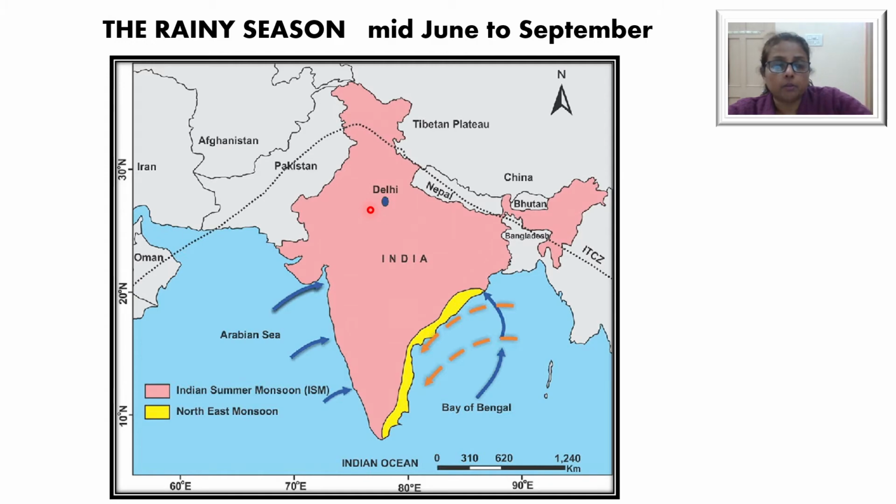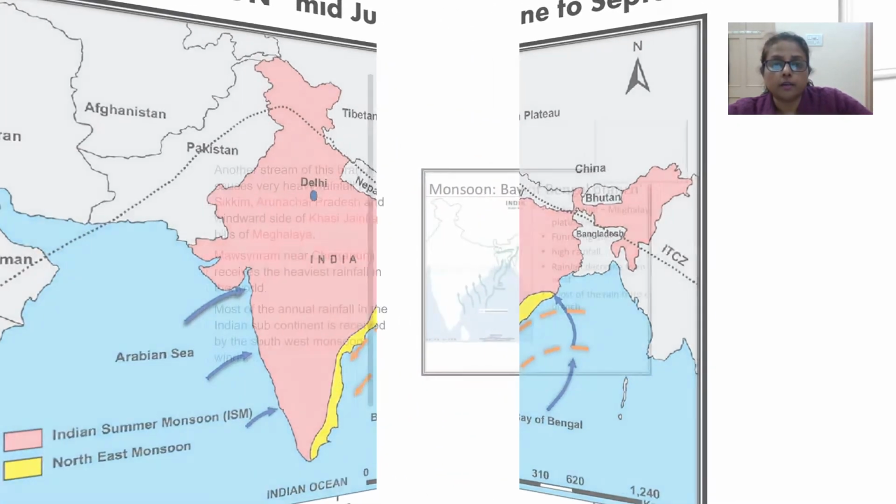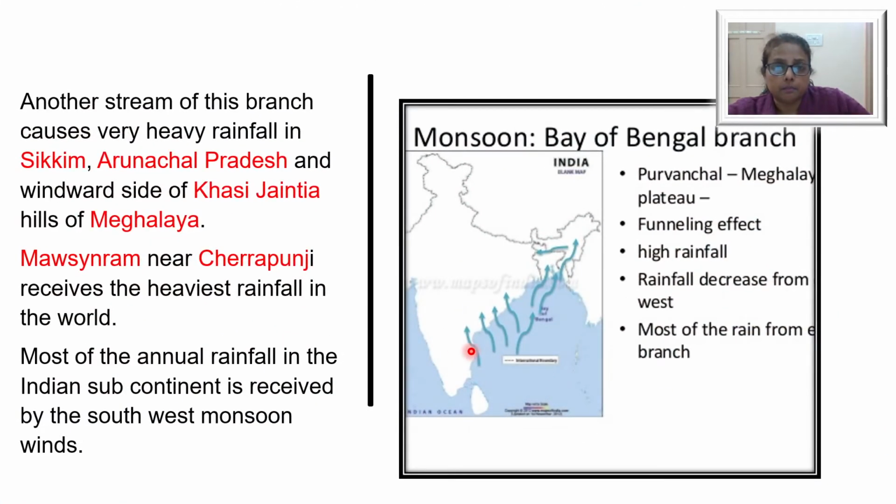The Bay of Bengal branch passes over the Bay of Bengal, and it takes a curve towards the mainland. It enters India through the Ganga Brahmaputra delta region and gets attracted to the northwestern plains of India.